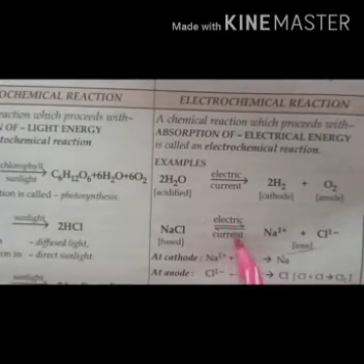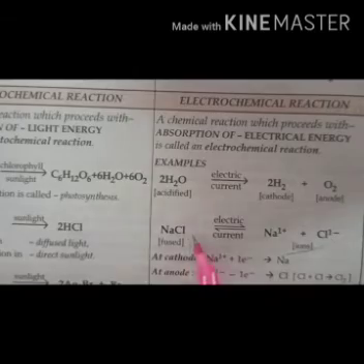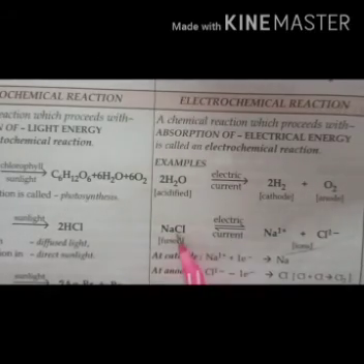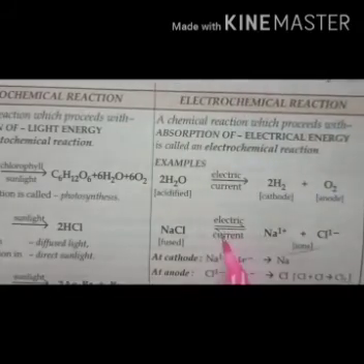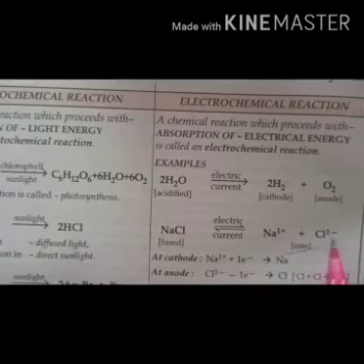The same way, when sodium chloride is in molten or fused state, when you pass electric current, then it breaks down into sodium ions and chlorine ions, right?